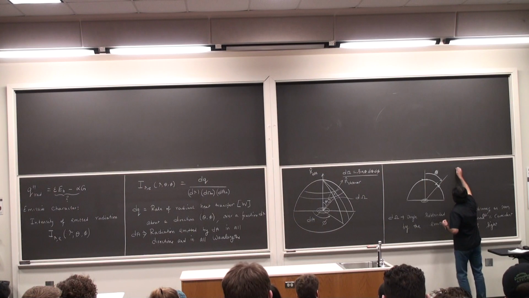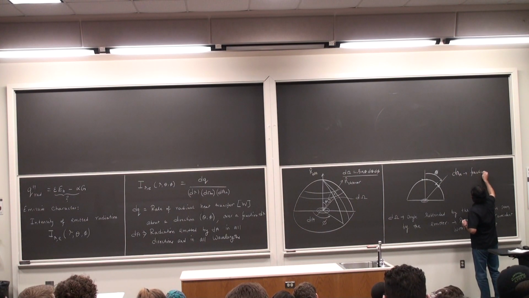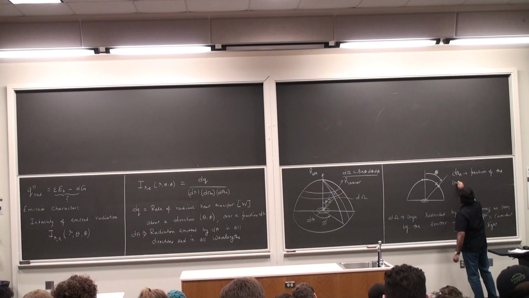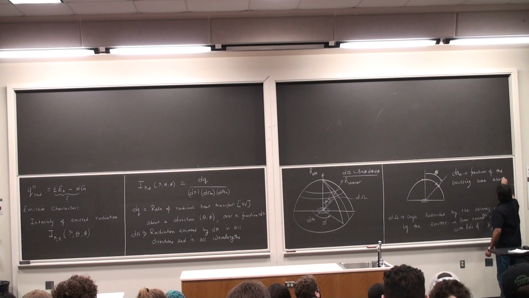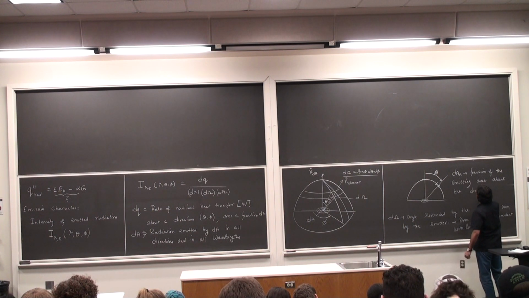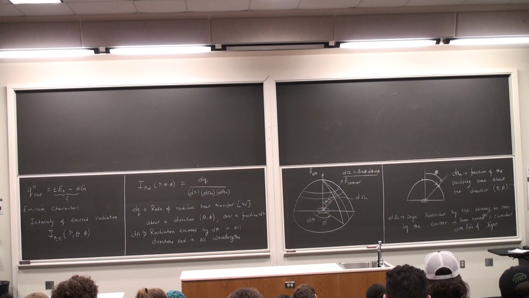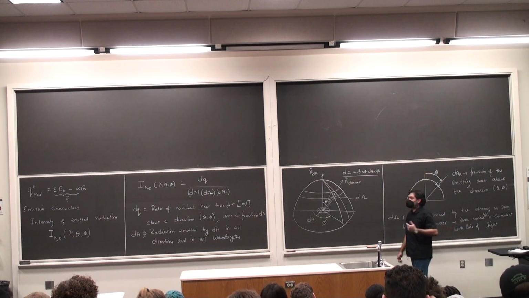So dAn is the fraction of the emitted area, emitting area, about the direction theta and phi. These are all with respect to the emitting area characteristics. So dAn is nothing but dA times cosine theta.